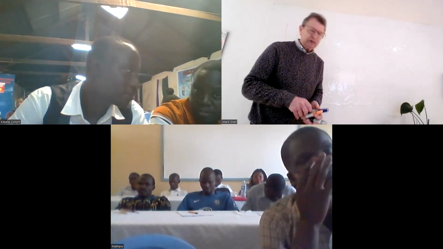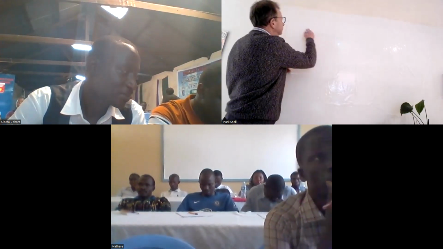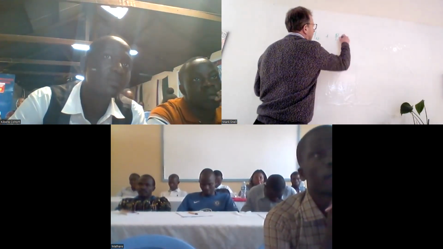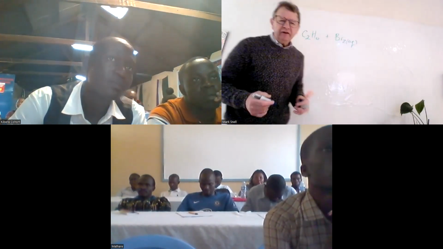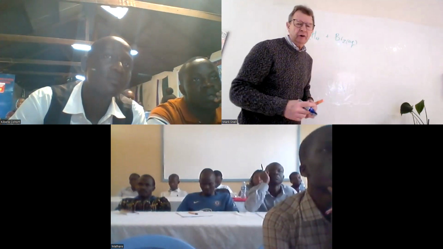So for instance, when an alkene reacts with bromine water, it is very tempting to write the product is going to be 1,2-dibromoethane, and it's not.